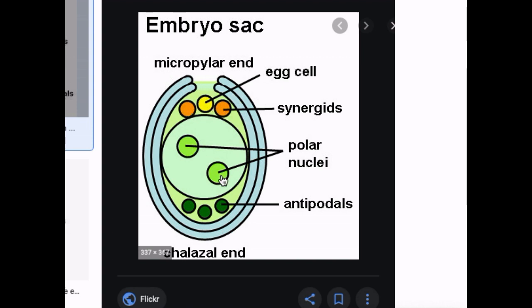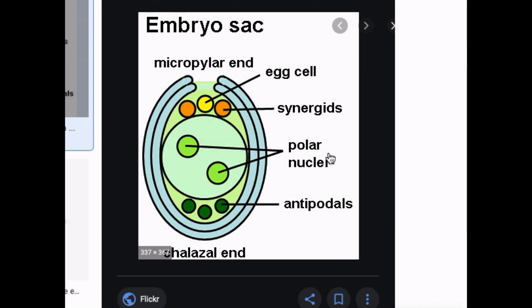But the polar nuclei, or this region here, is composed of 2 cells, and what happens here is that there is another male cell which will come and fuse with this polar nuclei.